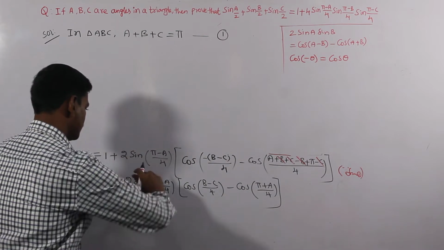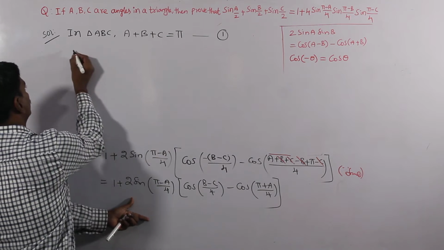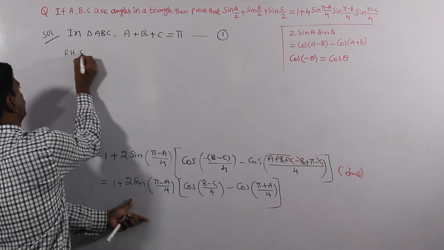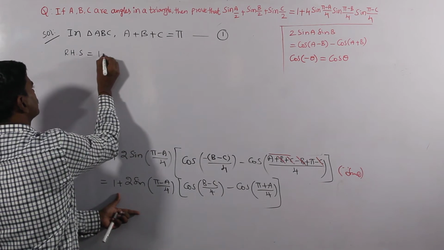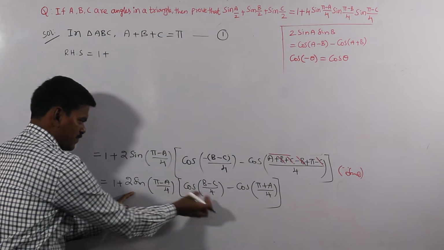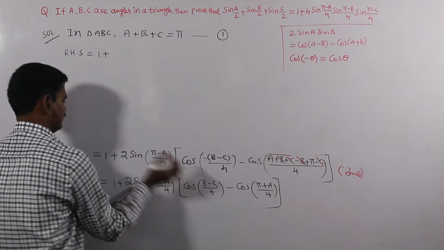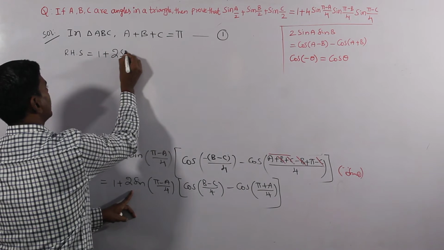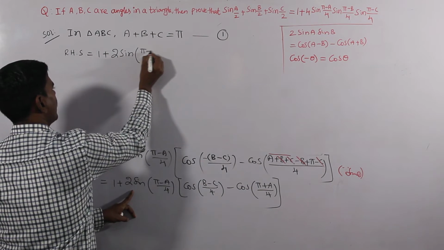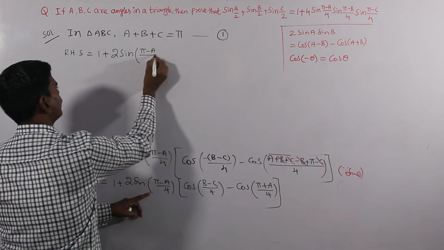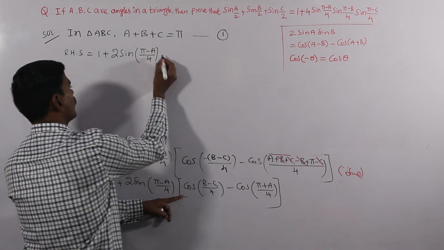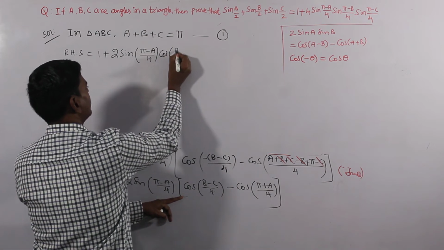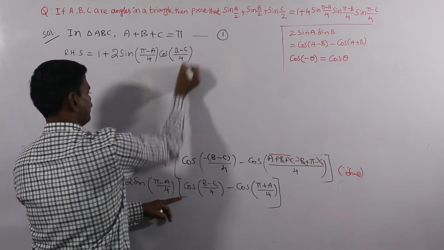Now, to write the next step, RHS equals 1 plus, now multiply this term into this term, 2 sine of (pi minus a)/4 into cos of (b minus c)/4.